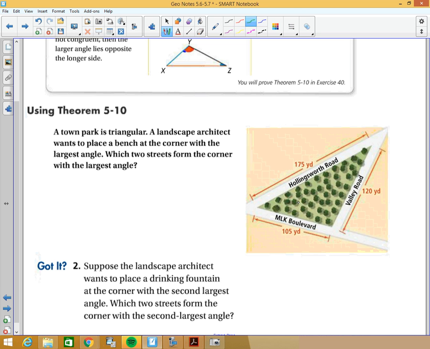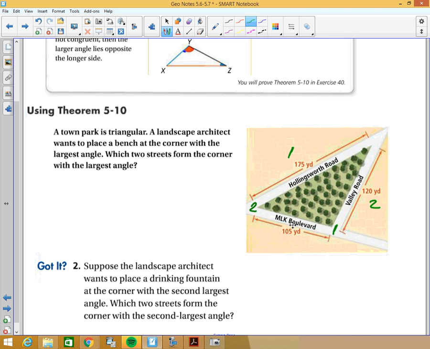Okay. So I'll look at this and say, okay, this is the longest side, right? That's going to be the longest side, and it's going to be across from what? The largest angle. This is the next side, going down. So it's going to be 2, and it's going to be across from what? The medium angle or the middle angle, right?